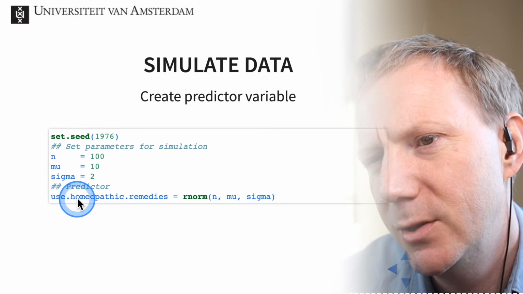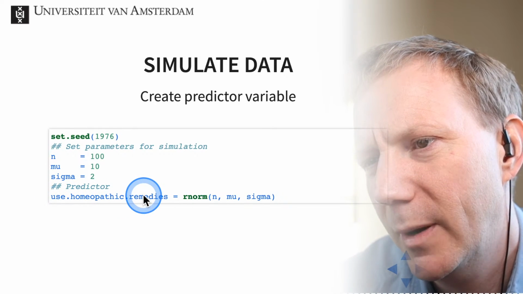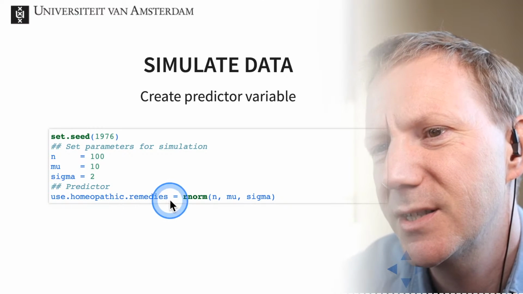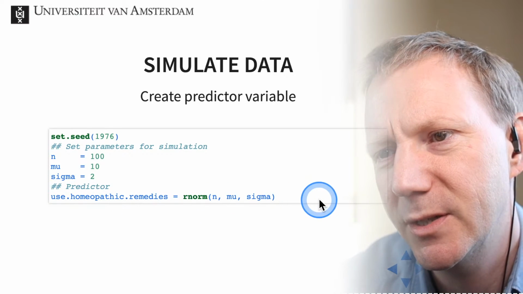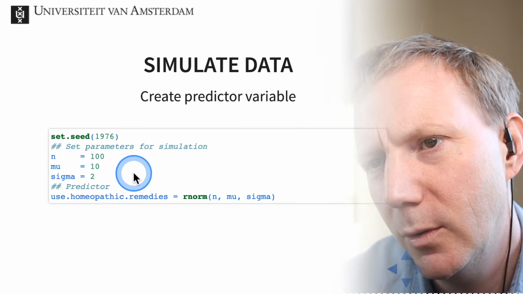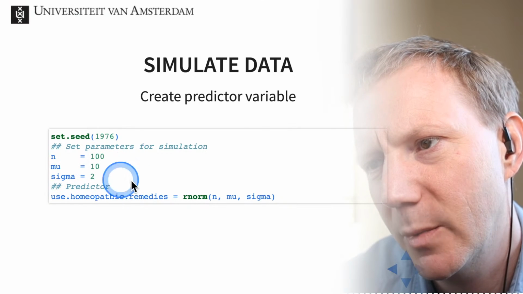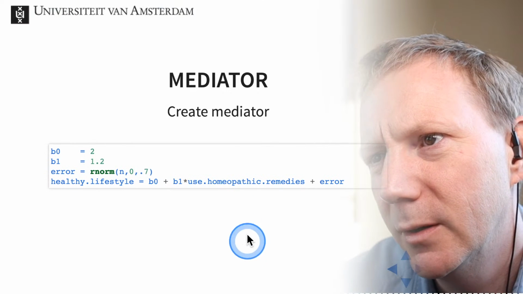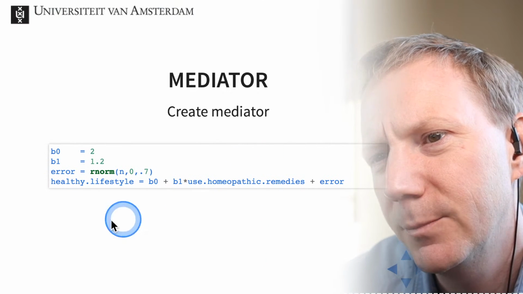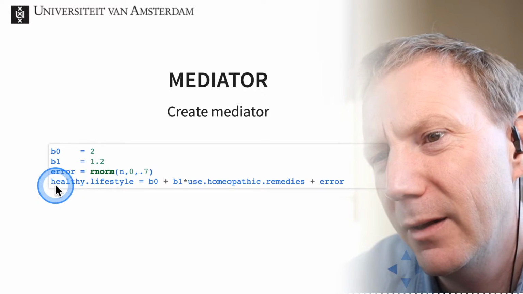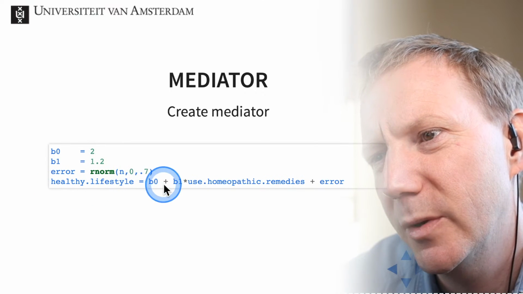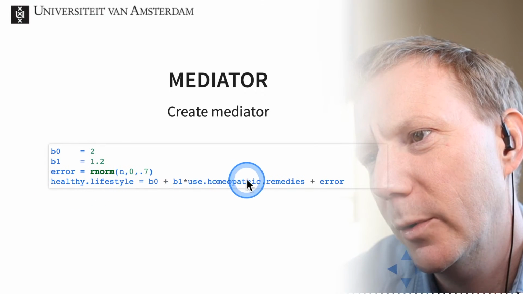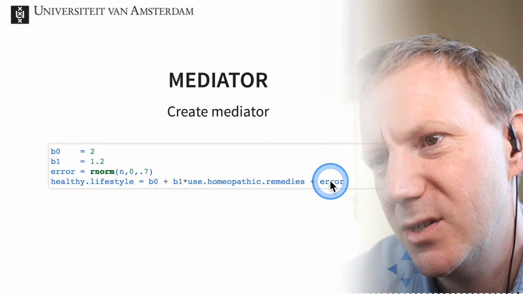So let's use the use of homeopathic remedies, so the alternative medicines. I create a random variable of this that's normally distributed with a mu of 10 and a sigma of 2. And I will create the mediator, where the mediator is the healthy lifestyle, which is determined by the use of homeopathic remedies, and we add some error.